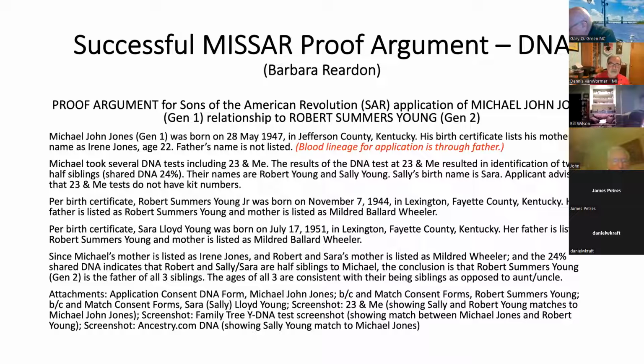So it basically sat on the shelf for about 3 years until they came out with the policy and opened it up, initially just for generation 1 to 2, which is what this one was. And we were able to dust it off. I think they got new consent forms because they had changed somewhat, but we submitted it, and it was approved.